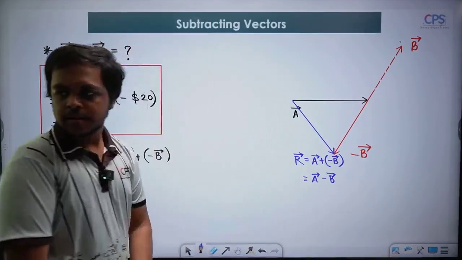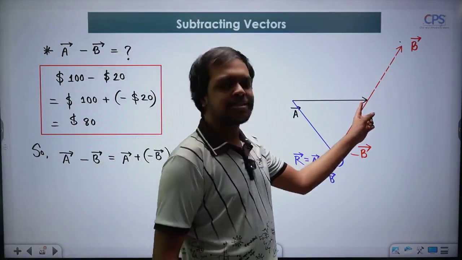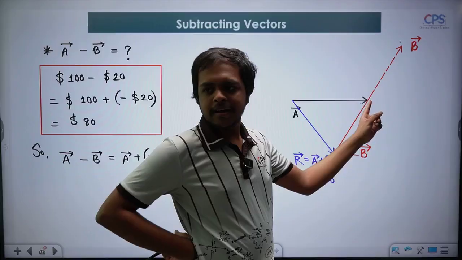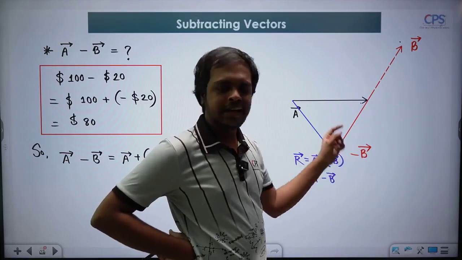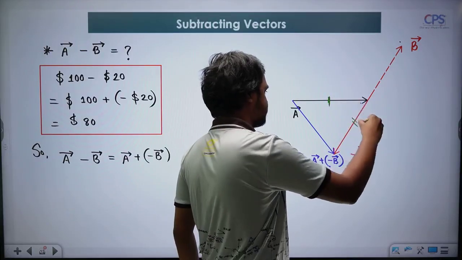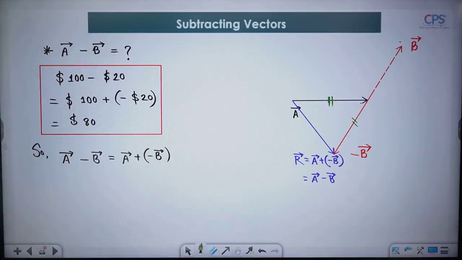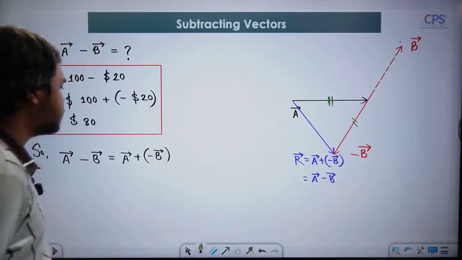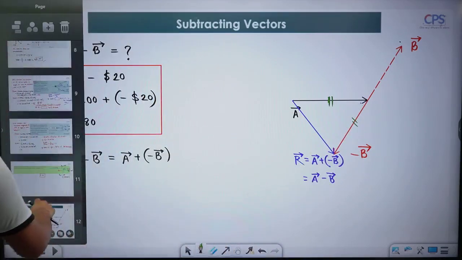So you need to remember just one thing: reverse the following vector, and then do the sum of this plus this, you will get the resultant. Easy, okay? If you think of it as easy, this is very easy. But if you overcomplicate these things, it will be difficult. Don't overcomplicate this, okay? Just sum up a plus the reverse of b, so it will be minus b.